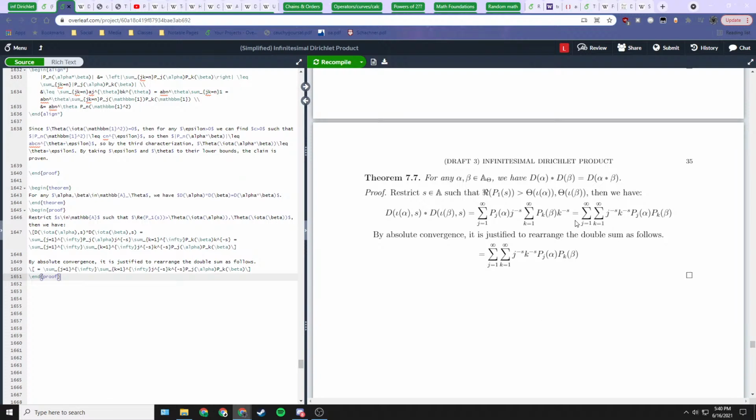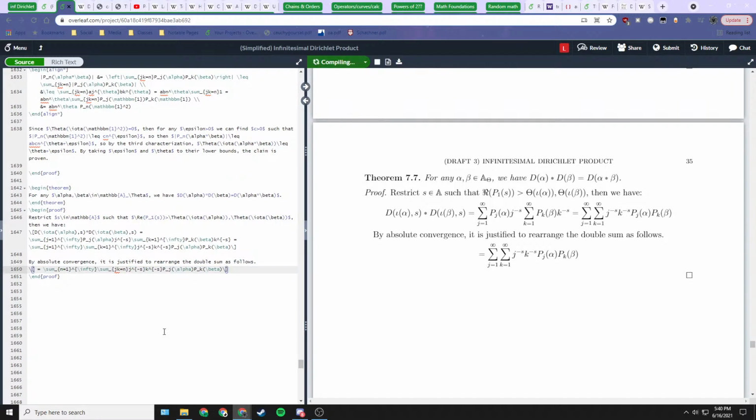What we're going to do is we have this double sum, and we're going to partition this double sum. Since we have absolute convergence, we can rearrange these however we want. We're going to partition this double sum by doing a sum from n equals 1 to infinity, and we're going to do a sum across all jk where the product is equal to n. So ordered pairs j and k where the product equals n.